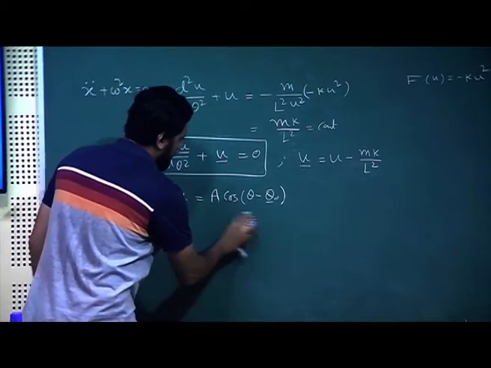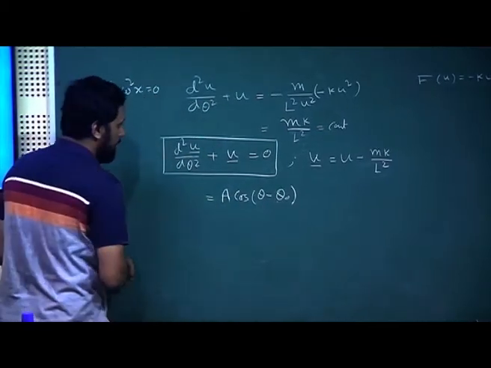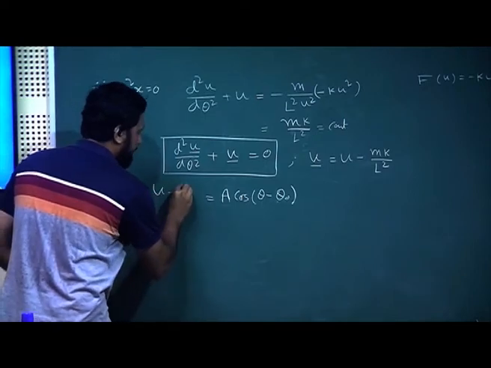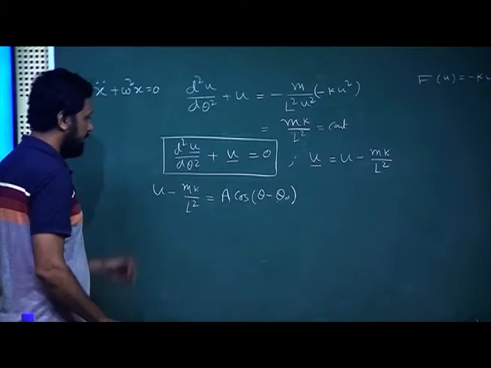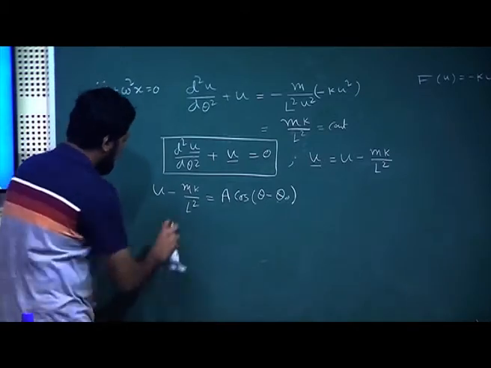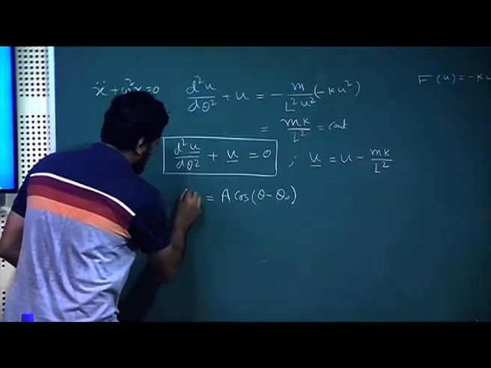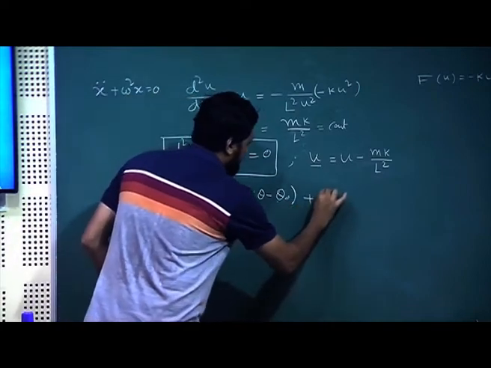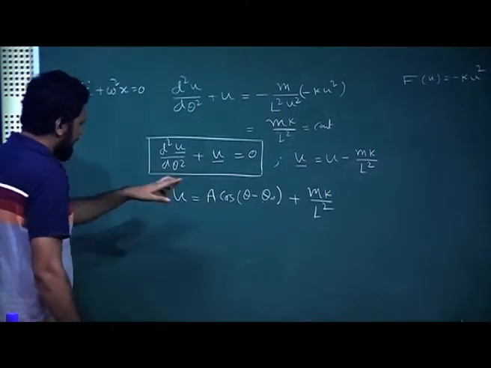So, we substitute once again for ū, which is u minus mk/L², and we once again take it to the right hand side. So, the left hand side remains as u and the right hand side becomes mk/L² plus A cos(θ - θ₀).